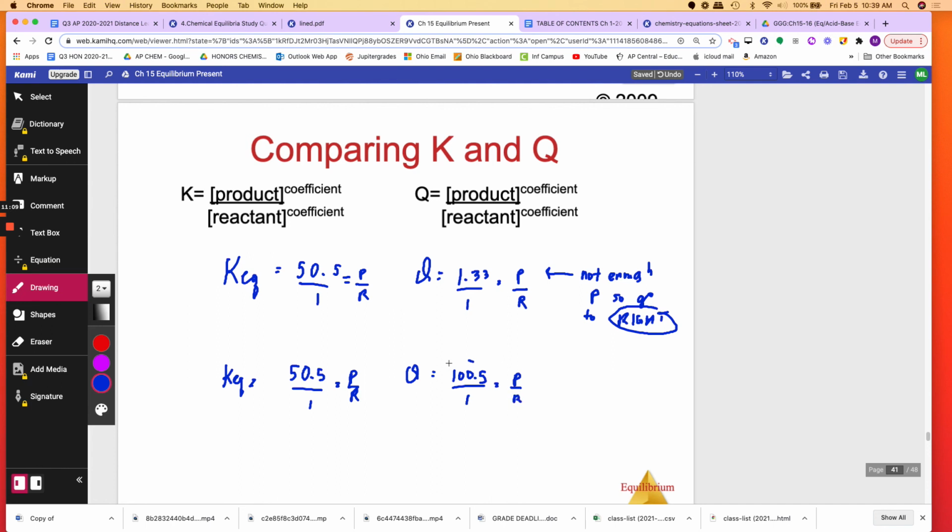You compare the products in Q and the products for the Keq, and you have too many products. So go left. This reaction will go to the left until it gets back to equilibrium.